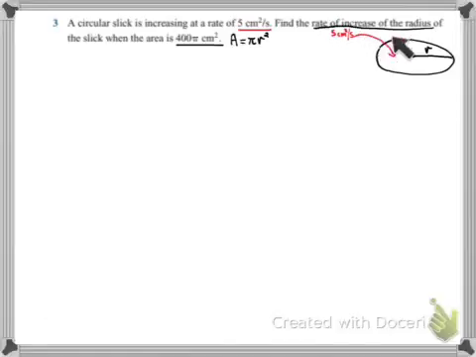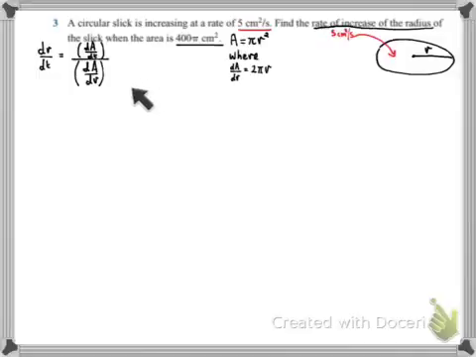This rate of increase of the radius, we're going to represent as dr/dt, and we can show that dr/dt is equivalent to this division of rates of change. First we need to work out dA/dr, how the area changes as the radius changes. We differentiate our area rule, and we get 2 pi r.